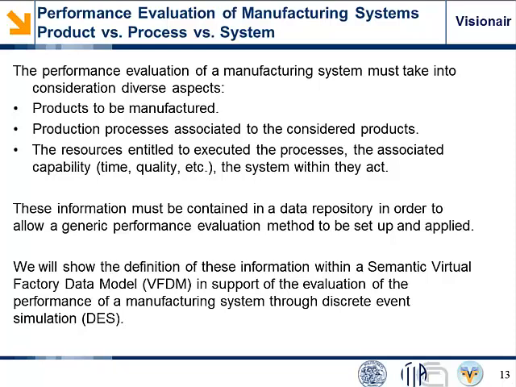Moreover, you need to consider a way of specifying which kind of resources are entitled to execute the process, which capability they have in terms of time needed to execute the different production steps, the quality they can provide to execute that production step, and in general a set of capabilities that rely on the quality and the accuracy the machine can operate on some specific process phase.